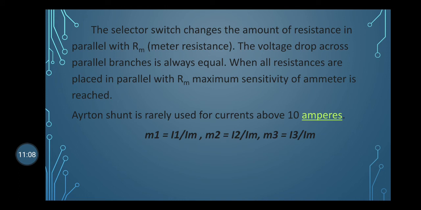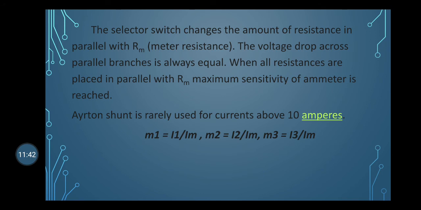The voltage drop across the parallel branches is always equal, and when all the resistances are placed across the RM, the maximum sensitivity of the ammeter can be obtained. The maximum current rating of the Ayrton or universal shunt type meter is 10 ampere.